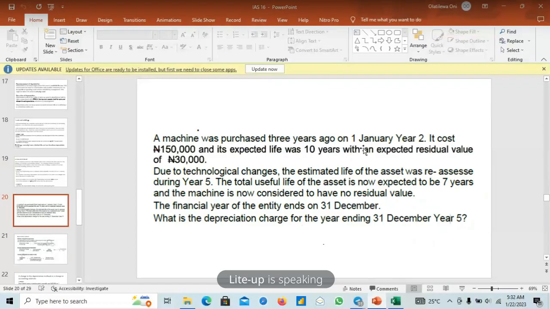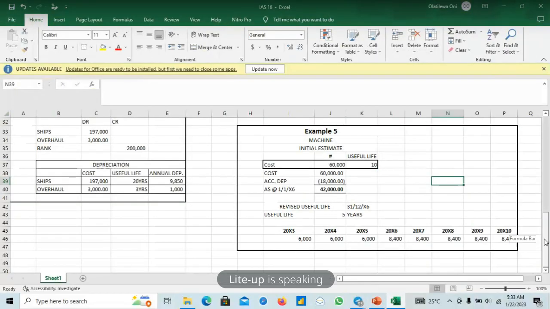A machine was purchased 3 years ago, 1st January year 2. It costs 150,000, with an expected useful life of 10 years and an expected residual value of 30,000. Later, due to technological changes, the estimated life of the asset was reassessed during year 5. The total useful life is now expected to be 7 years, and the machine is now considered to have no residual value.